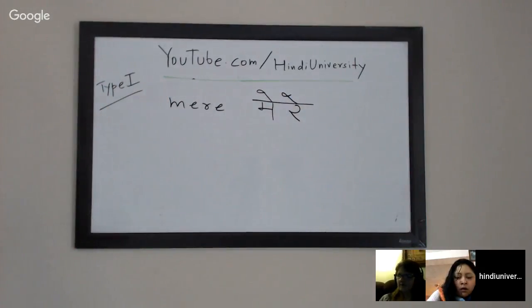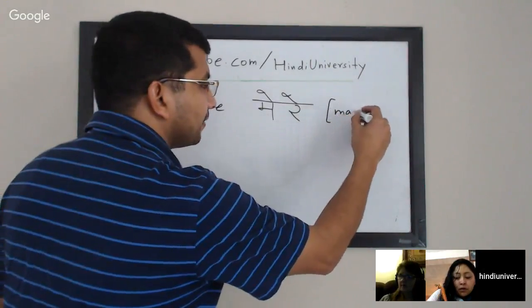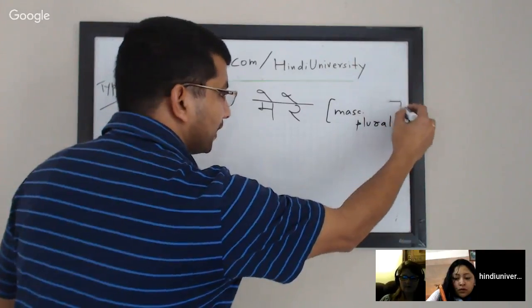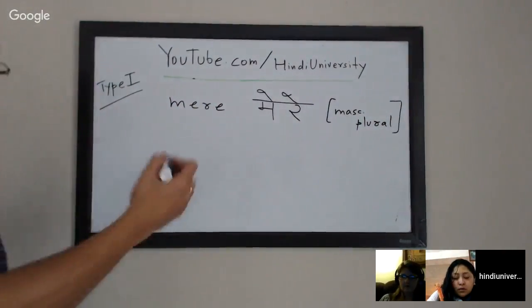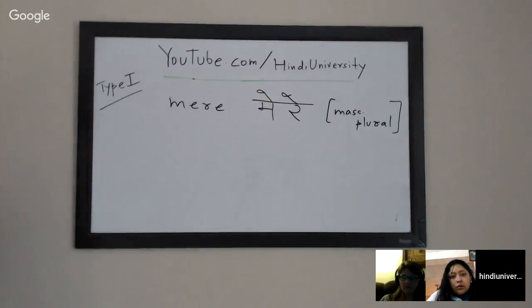Okay, mere. When do you use it? You use it when the object is masculine plural. Okay, so for all the objects that we learned in the first case, you can come up with the plural of those. Remember, if you're talking about one house, it's mera ghar. If you have multiple houses, you can say mere ghar.